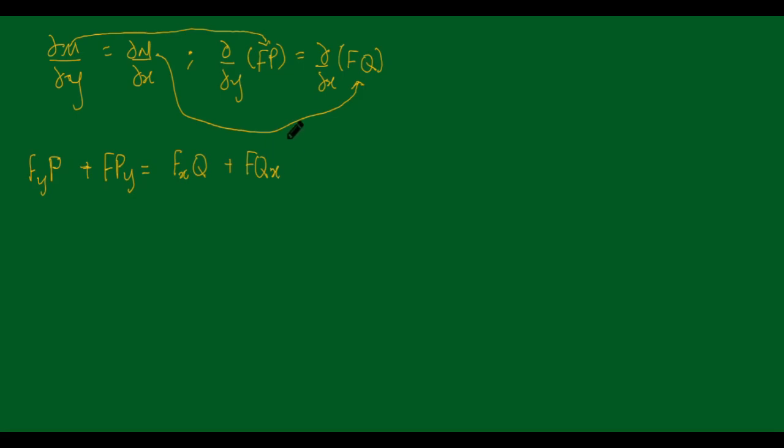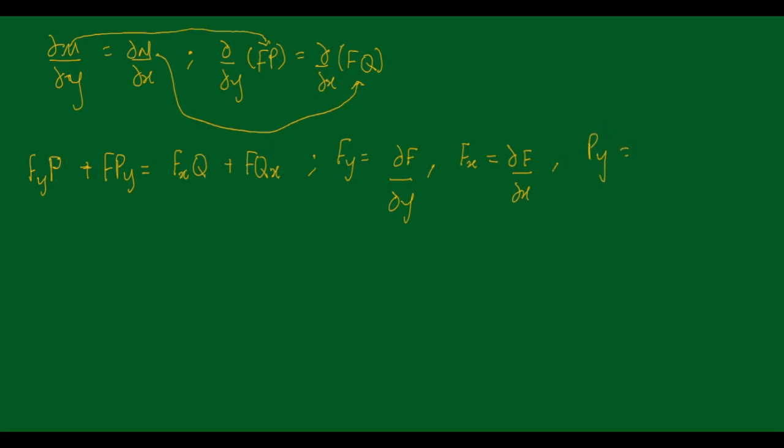Now you might be wondering what the subscripts x and y mean. So fy is the same thing as the partial derivative of f with respect to y. Just a simpler way to write it. fx is the partial derivative of f with respect to x.